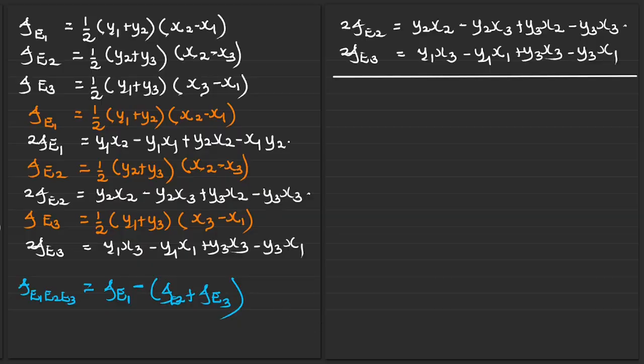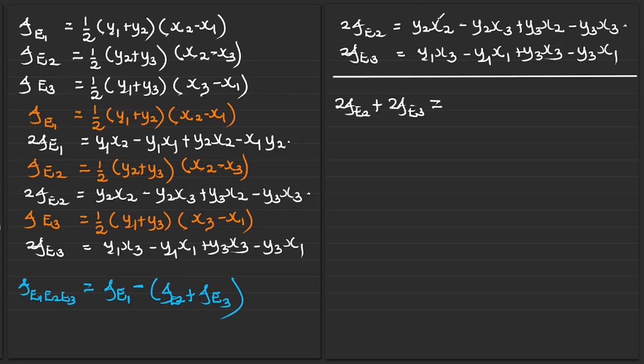Now, from the equations we have been able to come up with, we have to add E2 to E3. The addition of this will give us 2 of the area of E2 plus 2 of the area of E3. Then we want to add these others as well.